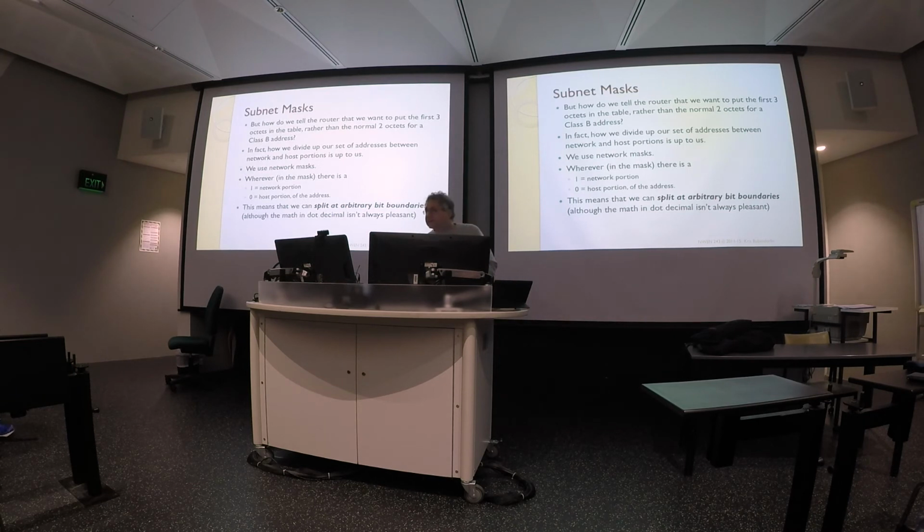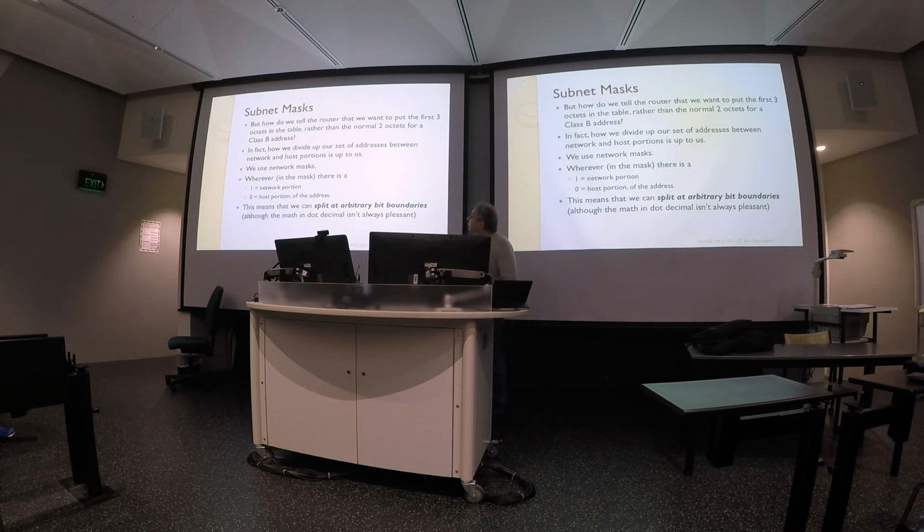Now look, it doesn't actually have to be evenly divided on those octet boundaries. We can divide within. It doesn't look as nice in dotted decimal form because dotted decimal form wasn't designed for that, but we can actually arbitrarily put that line anywhere using an arbitrary subnet mask.